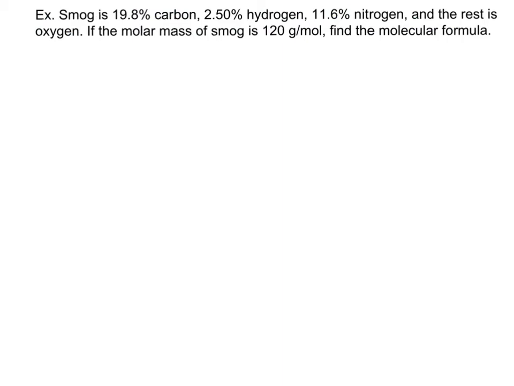Okay, so we have the percents of everything but oxygen. The first step is going to figure out how much is oxygen. How I would do that is to add up 19.8% carbon, 2.50% hydrogen, 11.6% nitrogen, and that way, when you add those up and subtract them from 100, you can figure out how much is oxygen.